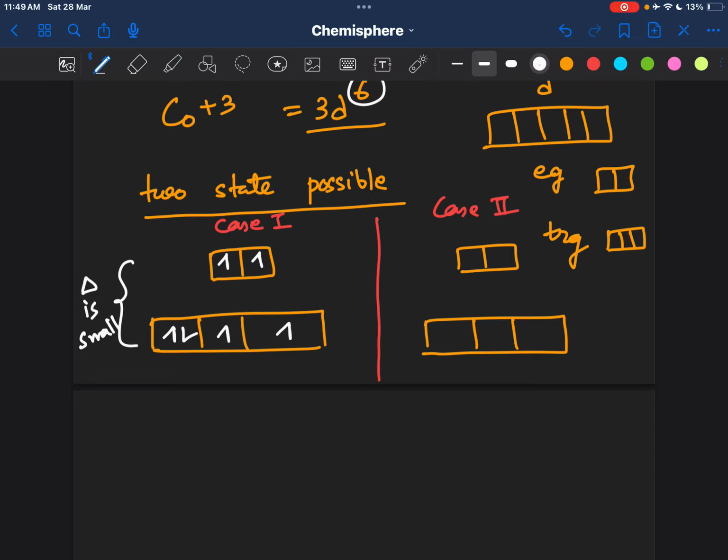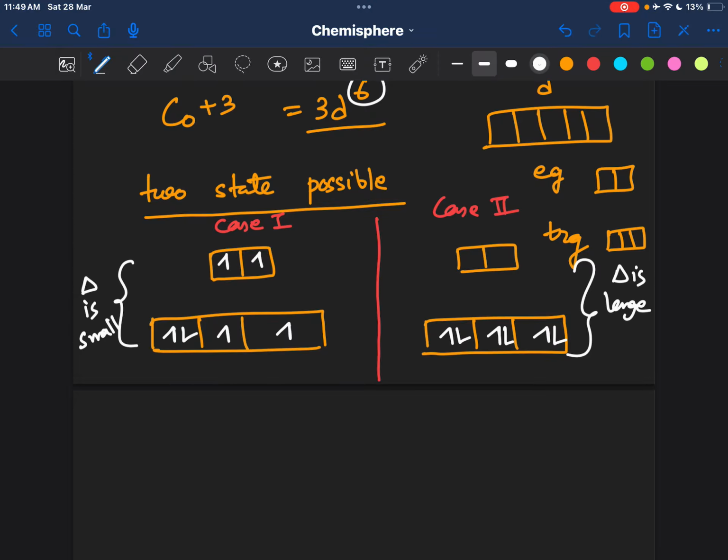The second case is when the crystal field splitting energy is large, when delta is large. Then electrons will first fill the T2g, and instead of going to the Eg, because they will find it difficult to go to the Eg as the energy is high, they will start pairing up.